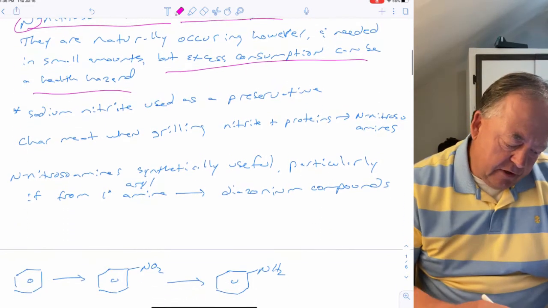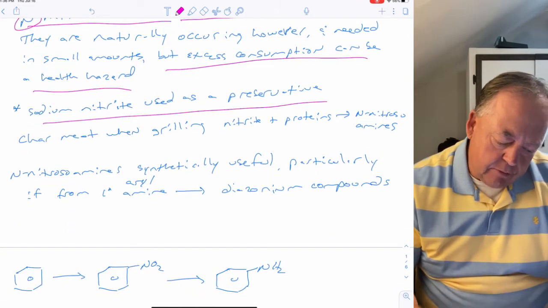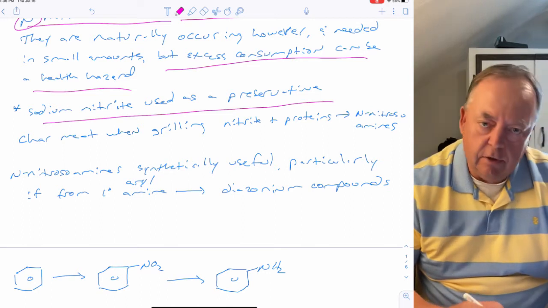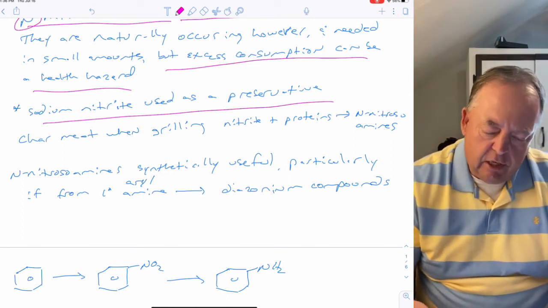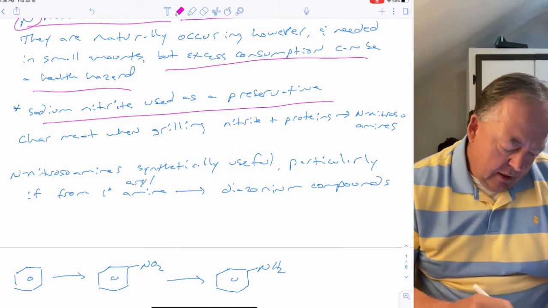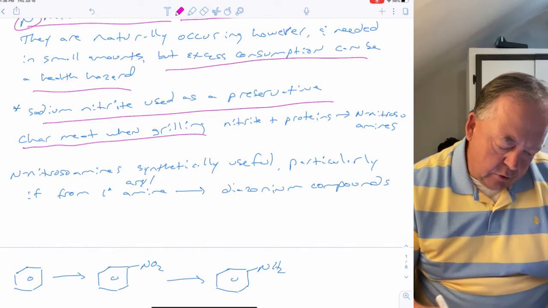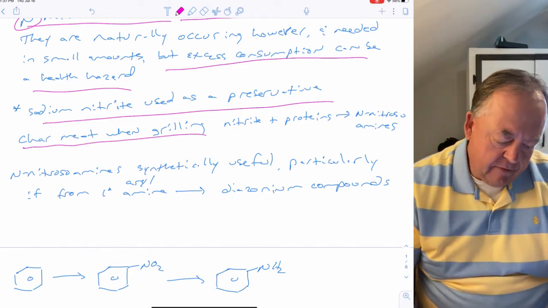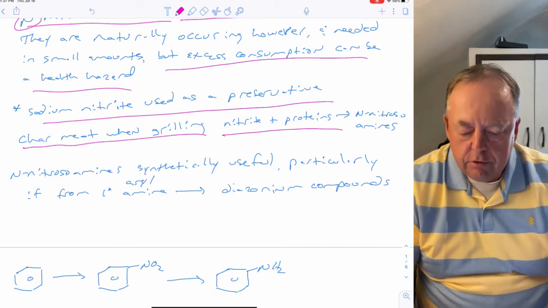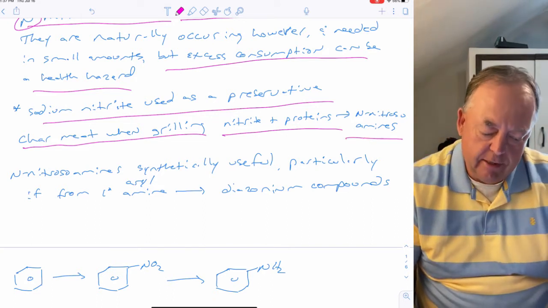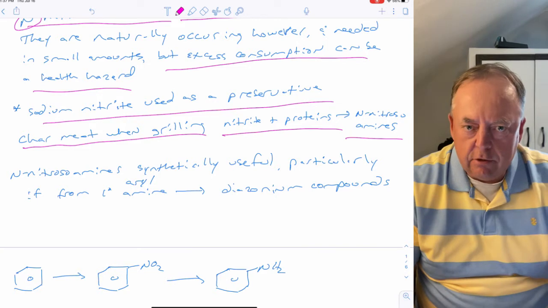So this is significant because sodium nitrite is used as a preservative in meats all the time. So you look at a package of hot dogs and maybe you see sodium nitrite on the ingredient list because it's a preservative. So the significance is when you grill meat, if you char it, well, the nitrite that's present can react with proteins to make N-nitrosoamines, so you can be making carcinogenic compounds.